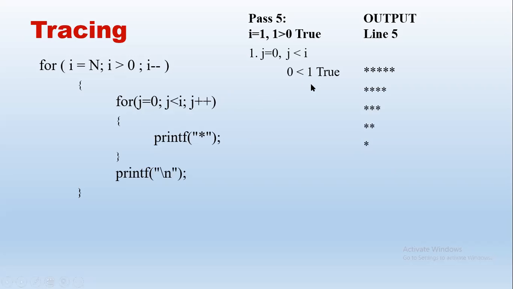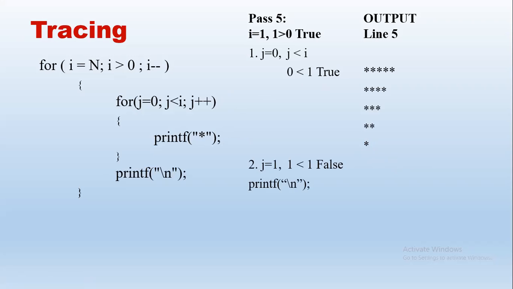So 0 less than 1, condition is true. We print star. Star is printed once in line 5. Next, j is to be incremented. j becomes 1. Right? So 1 less than 1, condition will be false. So 1 is not less than 1.